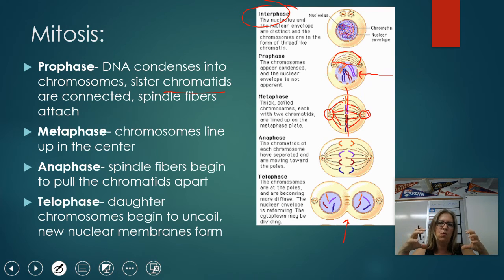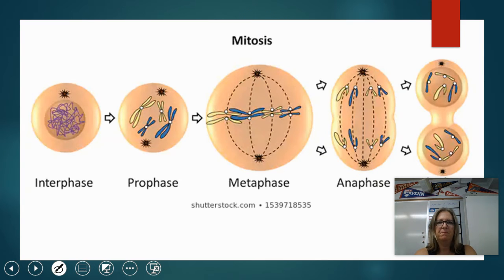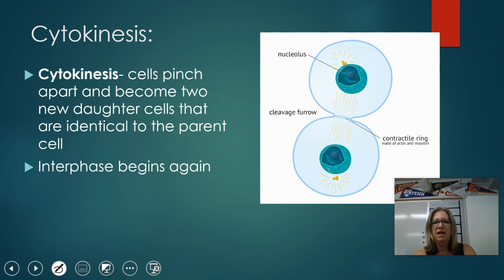Things are starting to reform. The DNA is uncondensing, and this shape of two new cells is coming. I'll come back to this in a second. And then finally, we wind up with cytokinesis. And cytokinesis is that last step that pinches off the last little bit of the connection between the cells right there. And you wind up with two identical daughter cells, okay?